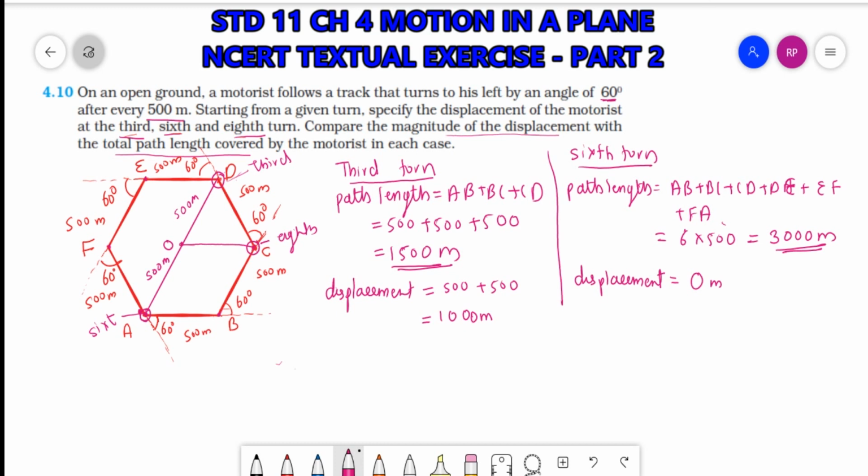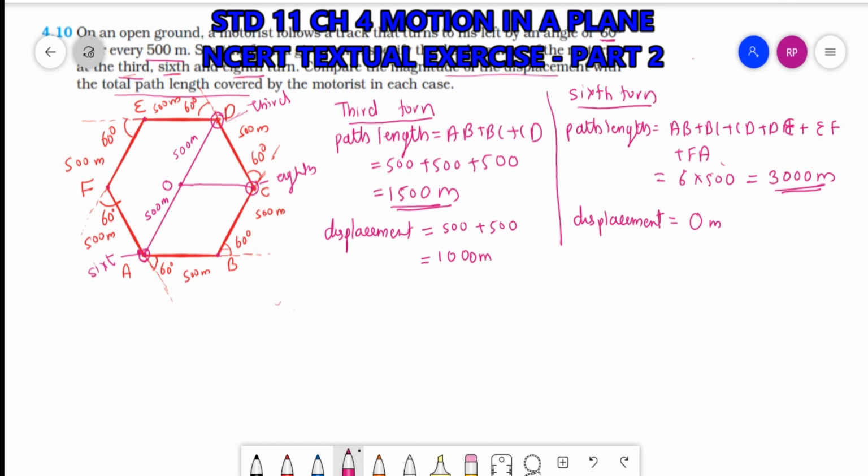The eighth turn is a complete rotation on the path of the hexagon, coming back to point A, then going from A to B, and then C. So let's see for the eighth turn.